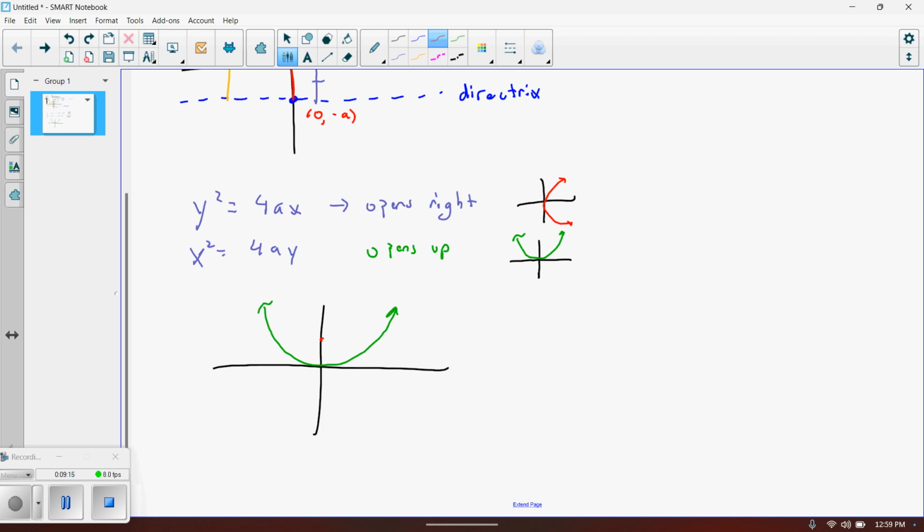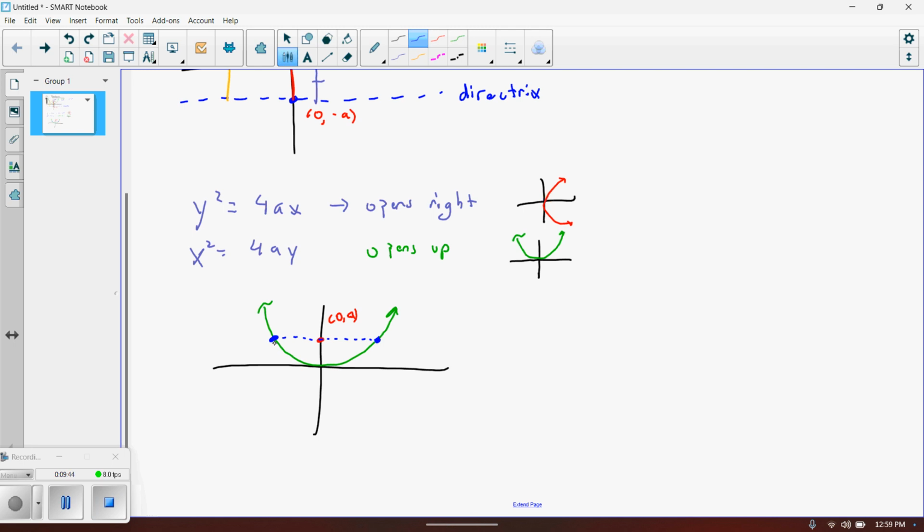But basically the idea is if your focus is here, and that's a distance a away from the vertex, so again, that would be the point 0, a. The latus rectum goes right through the focus and connects to the parabola in two different places.